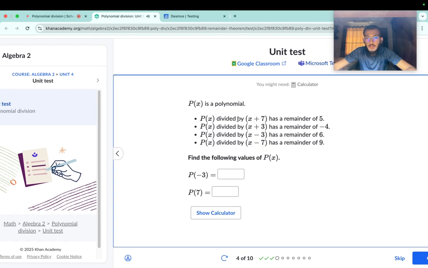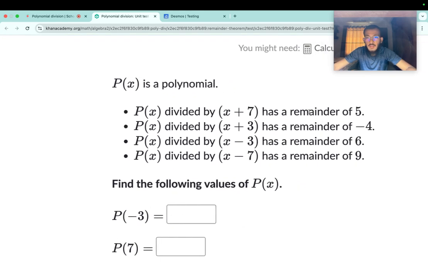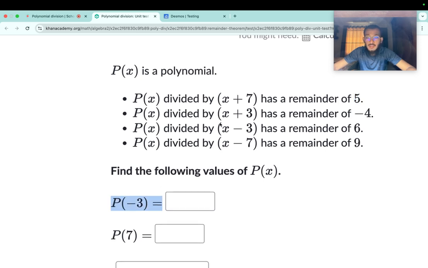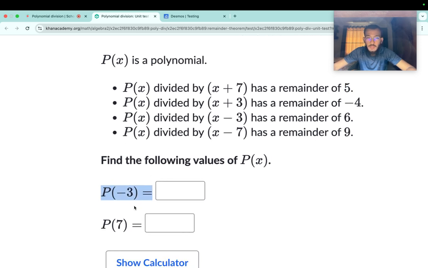All right, p of x is a polynomial. When p of x is divided by this, the remainder is given, find the following values. For x negative 3, this is the remainder theorem. When we insert negative 3, that is the same as dividing by x plus 3. So we would get negative 4 here.